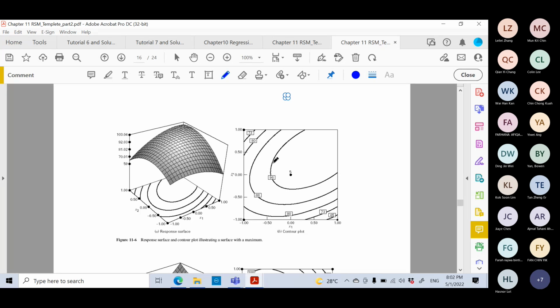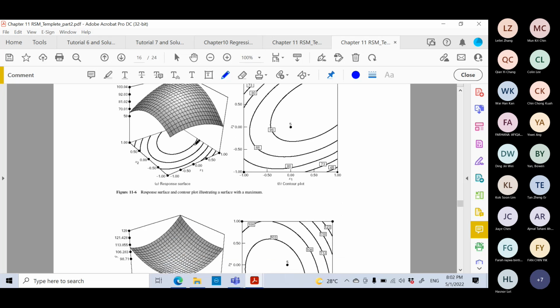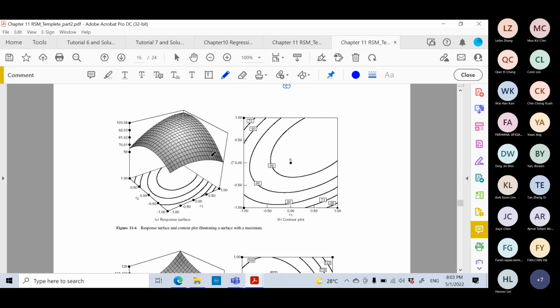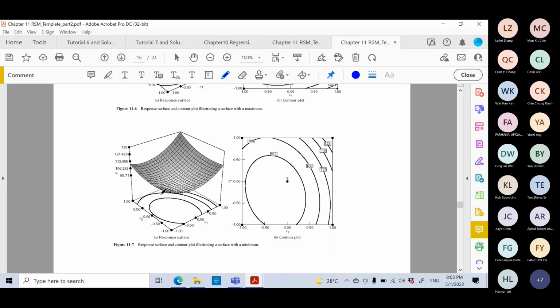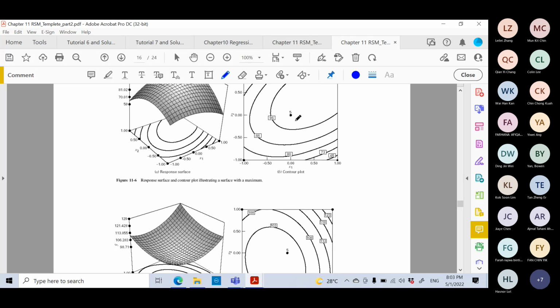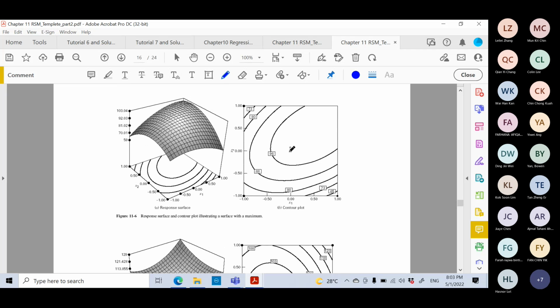But the idea is, if you have a response surface, this one illustrates a maximum point. This one illustrates a minimum curve, where you have a minimum happening here. This one is a maximum happening at this particular point here.